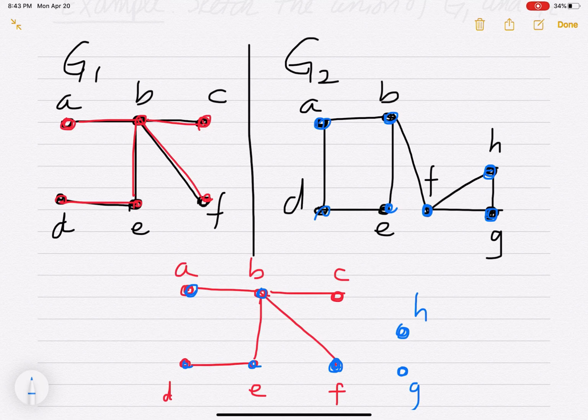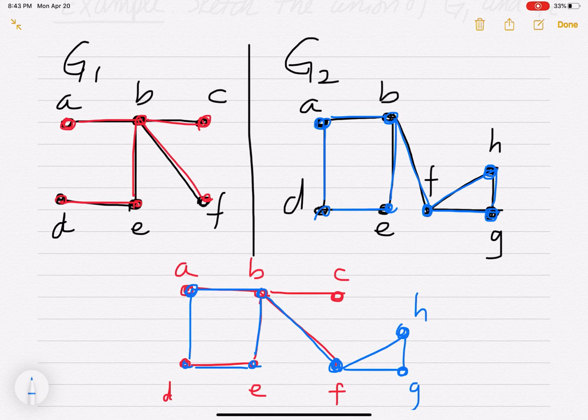And we have to include all the edges. We already have AD, no we don't have AD, so we have to add AD. AB we already have. DE we already have. BE we already have. BF we already have. FH we don't have, so we have to add that. FG we don't have, so we add that. And HG we have to add.